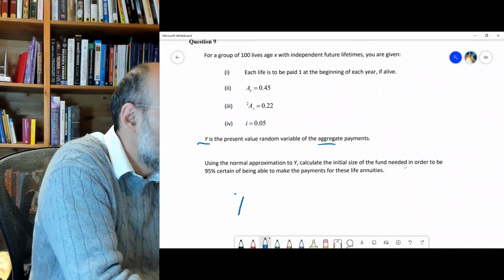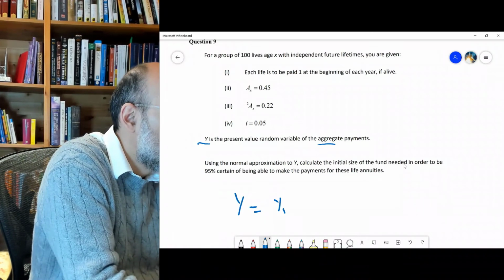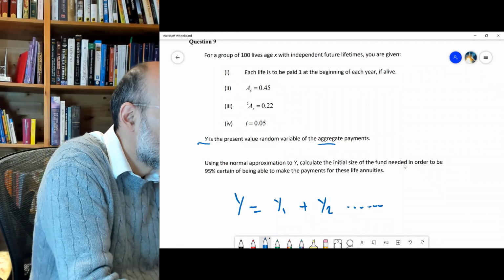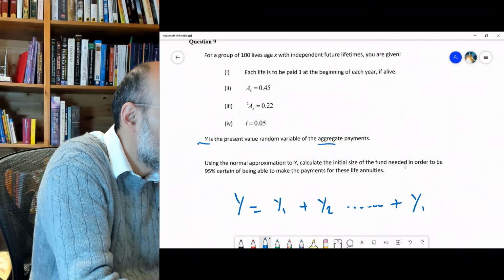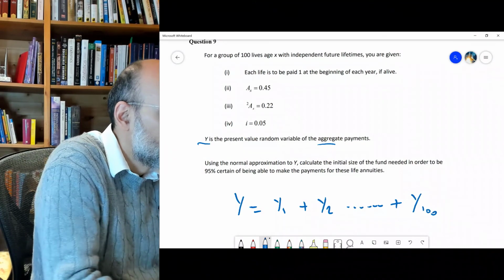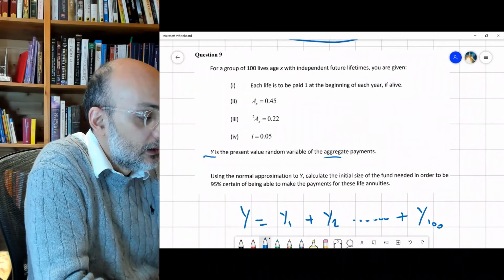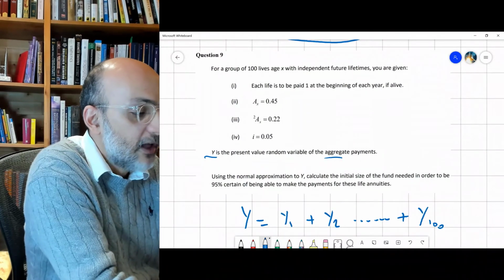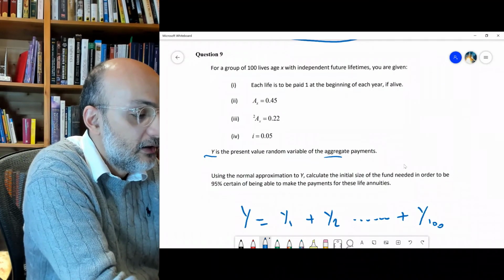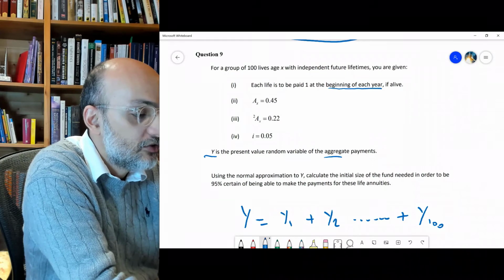So Y is equal to Y1 plus Y2 up to Y100, individual, right? This is the random variable for each one, but each one is actually an annuity. It pays $1 at the beginning of each year if alive.